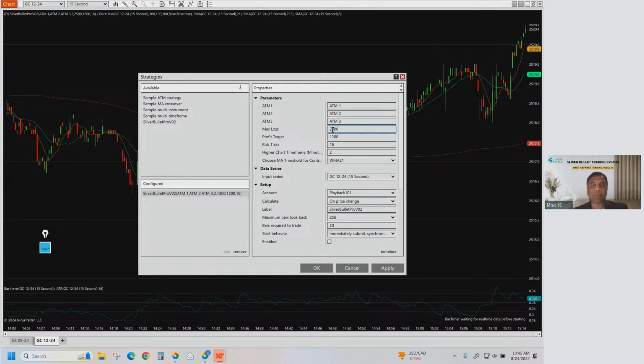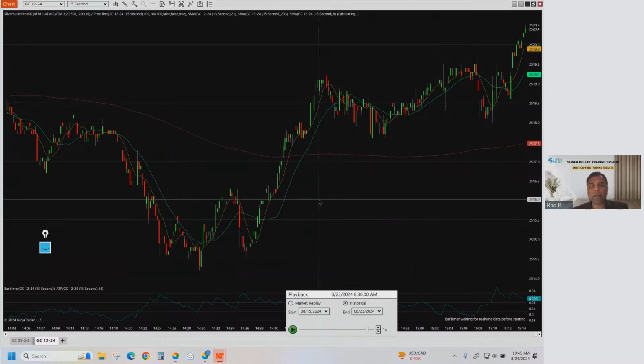Again, this max loss is based on a 50K account, so I have taken the entire loss limit of a 50K account and used it here. Rest everything I don't have to go over now. These are covered in our training. And I'll click OK. I enable the software.